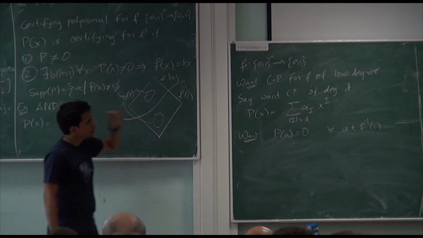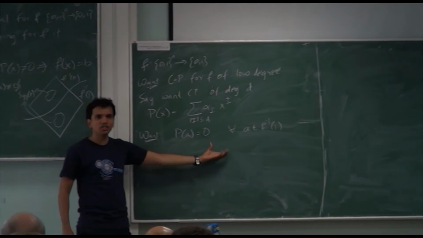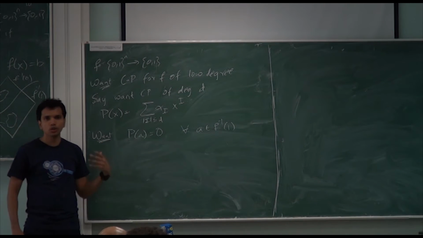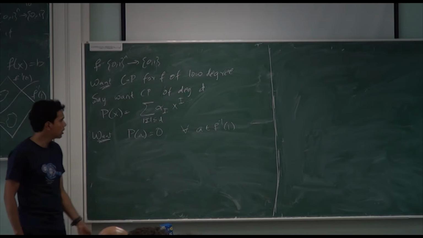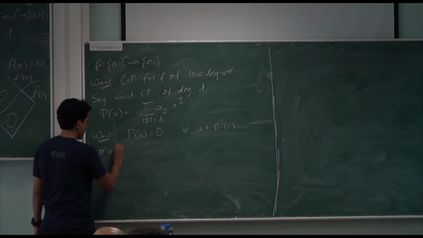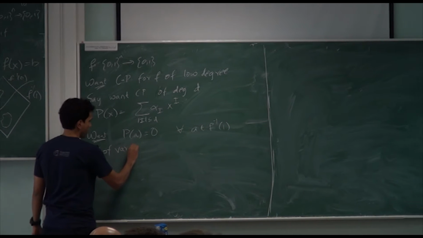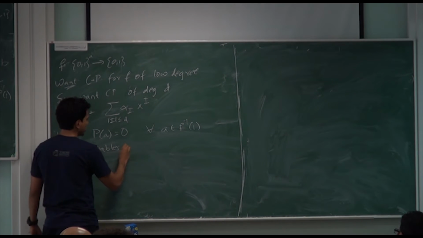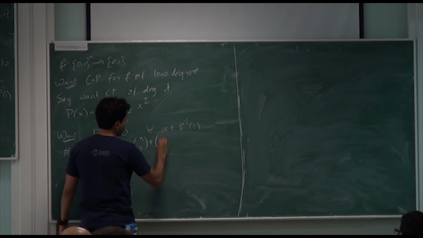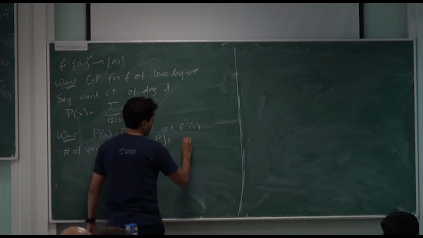All right. So what I'm really trying to do here is solve a system of linear equations. I want to find the coefficients of these monomials. The number of variables in this linear system is something like n choose 0 plus n choose 1 plus up to n choose d.